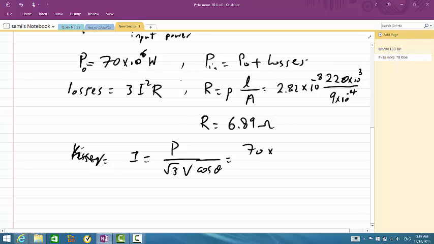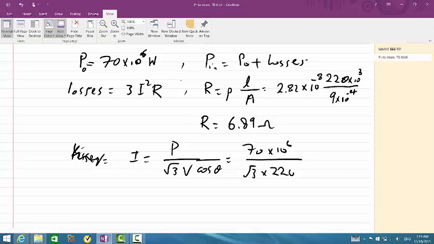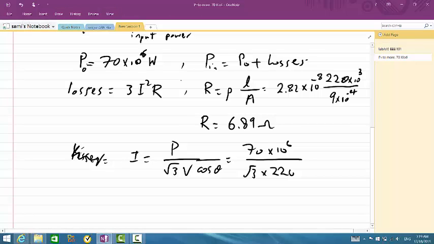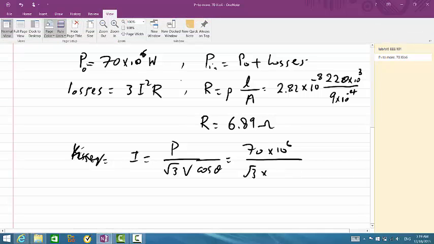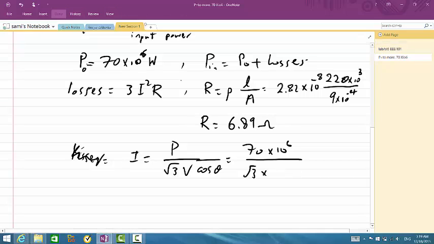So it's 70 times 10^6 divided by square root of 3 times 132 times 10^3 times the power factor, which is 0.85.